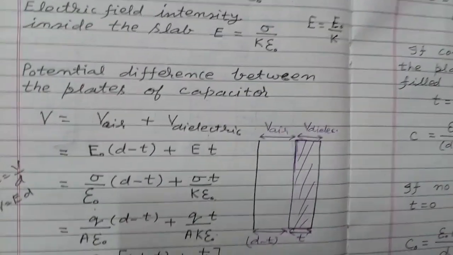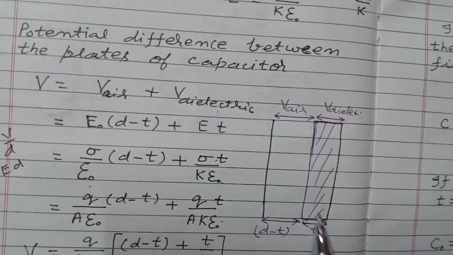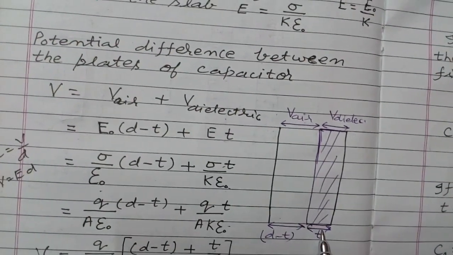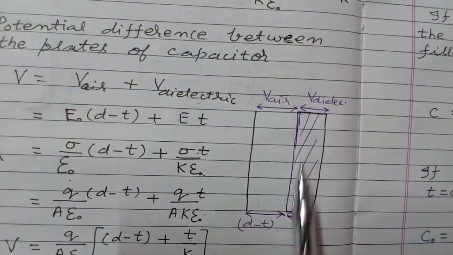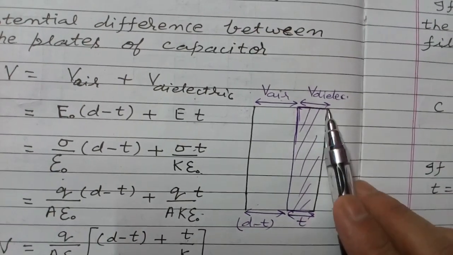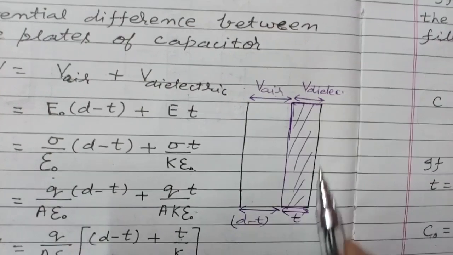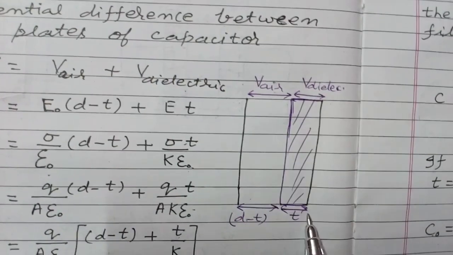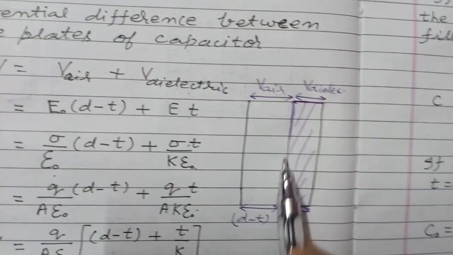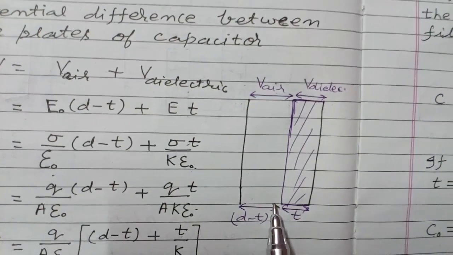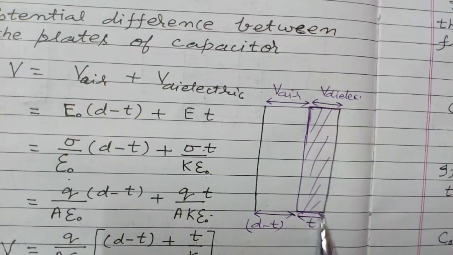Now we will see what the potential difference between the plates is by introducing this dielectric slab. Let us shift this dielectric slab towards the second plate, just close to the second plate, touching it. The distance in which there is air is d minus t, and the distance up to which there is dielectric is t.